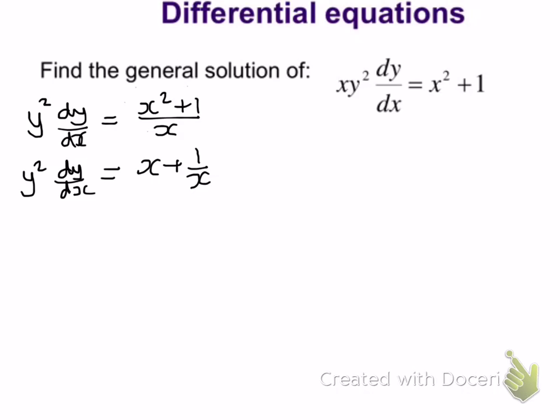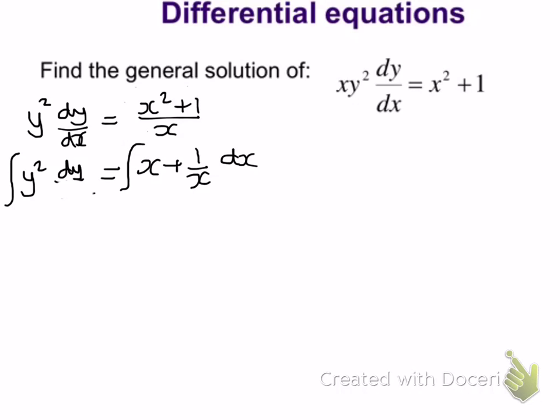And I can now rearrange this again to give us y squared dy equal to x plus 1 over x with respect to dx, and then integrate both sides.